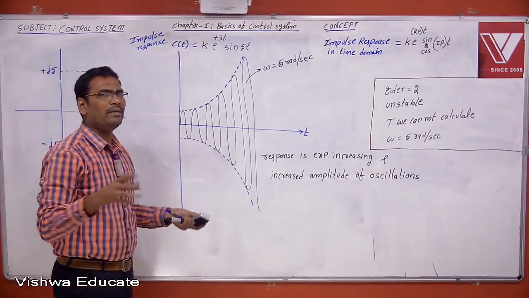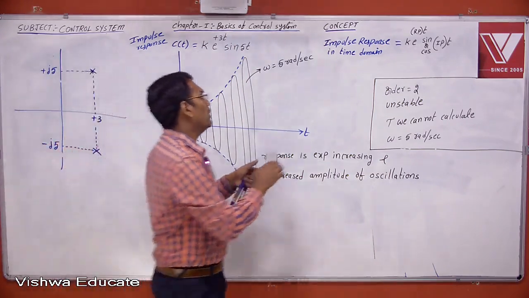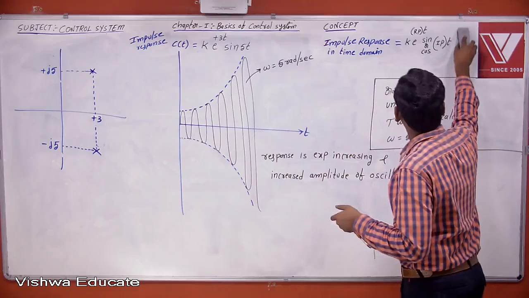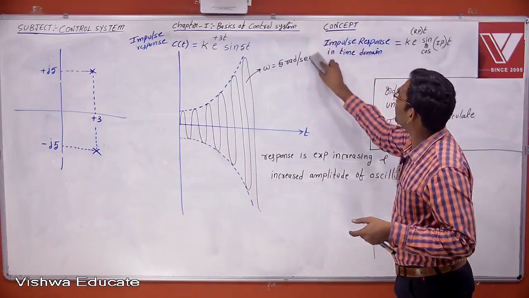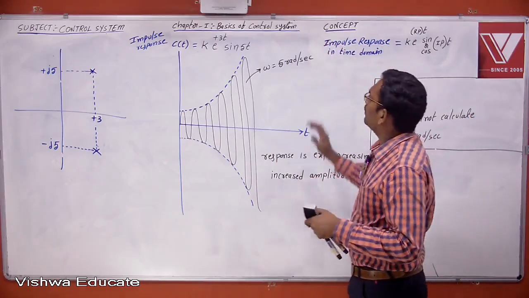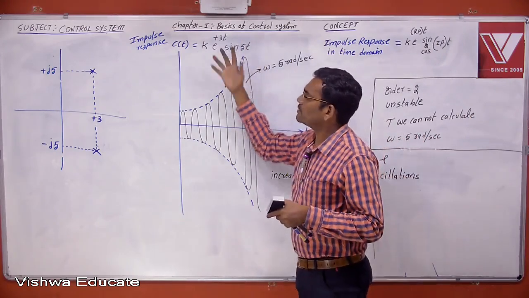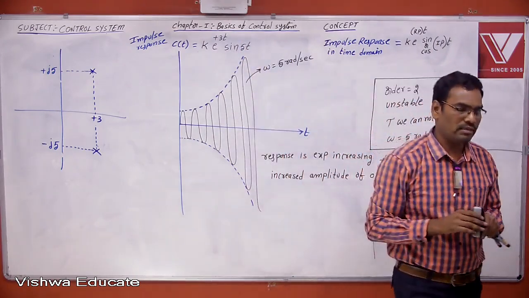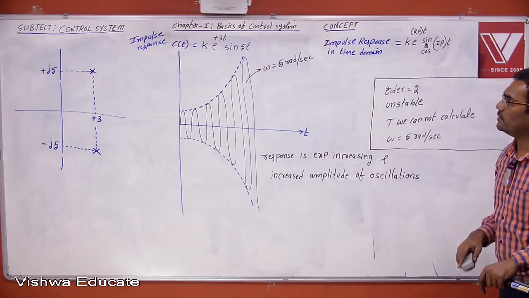For any problem, for any pole location, if you remember this shortcut method, then you can easily solve for anything. For drawing the responses also, you can follow the procedure so that you can easily understand. Okay, take this one also.